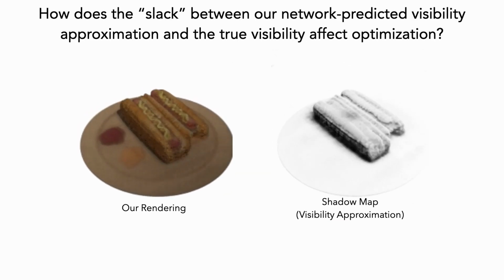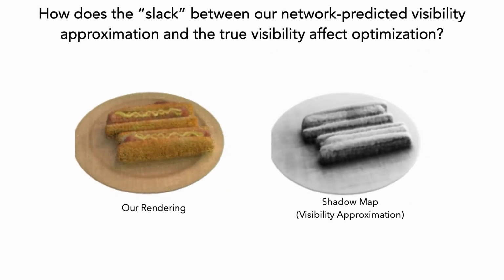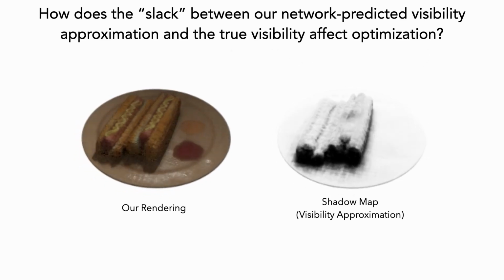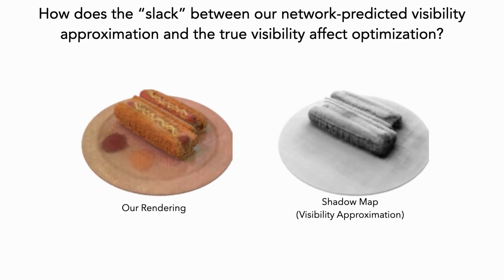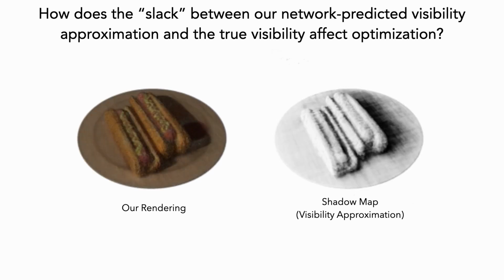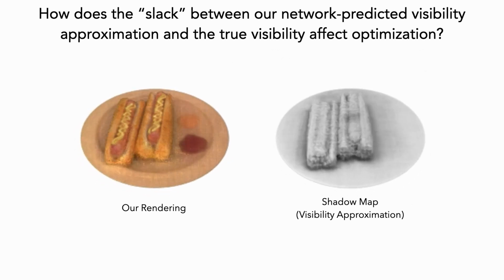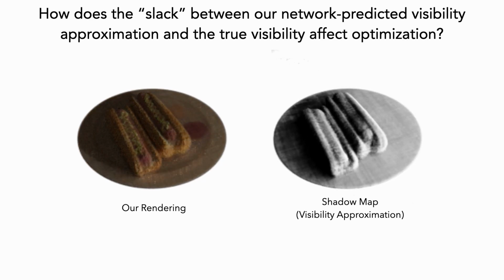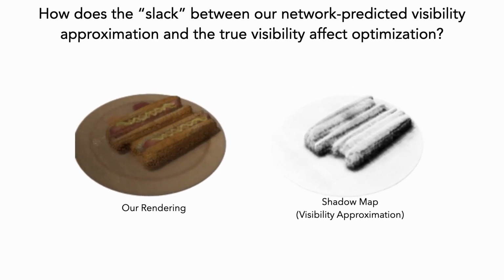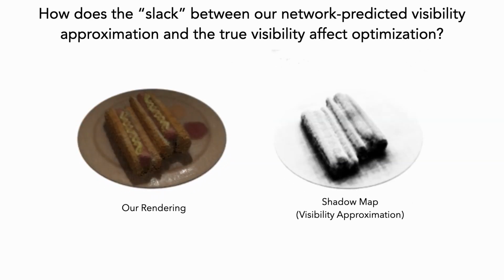Another really interesting question, I think, is how does the slack between our network-predicted visibility approximation and the actual true visibility end up affecting optimization? Here we're jointly training this approximation with samples of the true visibility from the current state of the geometry during training. So we're treating the visibility network as a kind of soft cache.